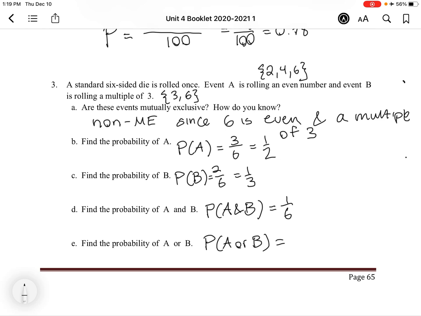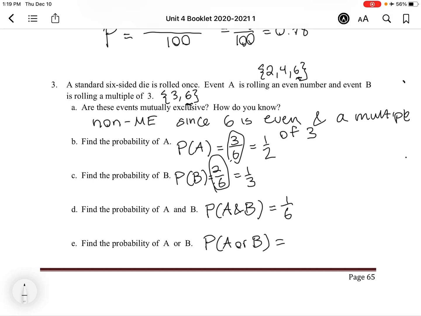Now, the common mistake that people make here is they add 3/6 and 2/6. The problem is that if you did that, you would be counting this outcome of 6 twice because it belongs to both of them. So you've got to be very careful with these non-mutually exclusive events.